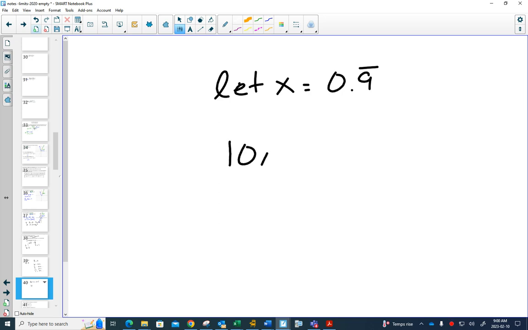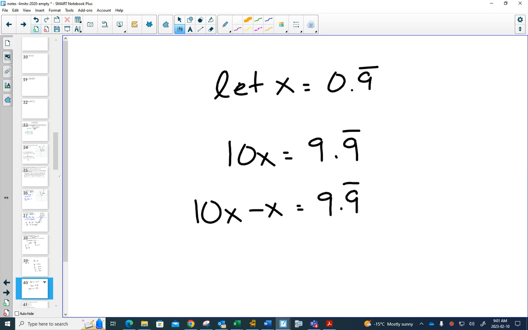So 10x, well, that would just move my decimal place over, would be 9.9 repeated. Because the 9's would all move over one decimal, but since they're going on forever, this is what I would have. And if I now, on this side I use my algebra, and I subtract x, and on this side I use my decimals, and because I subtracted x on one side, I'm going to have to subtract x on the other side.